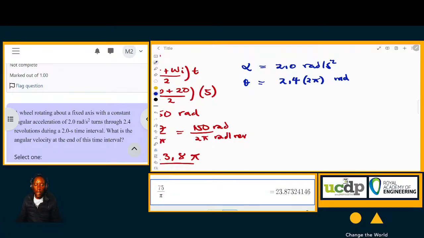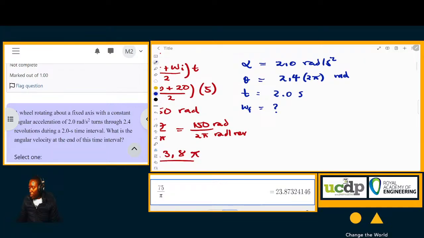I've converted to radians already from revolutions, and the time is 2 seconds. What is the angular velocity at the end of this? So we want omega final now. And now we're gonna do theta equals omega initial t plus half alpha t squared.